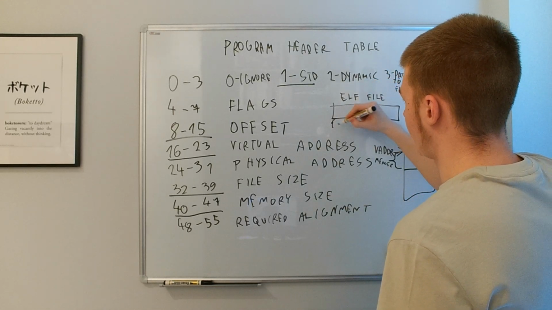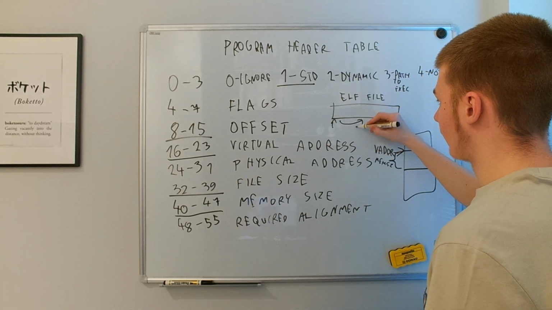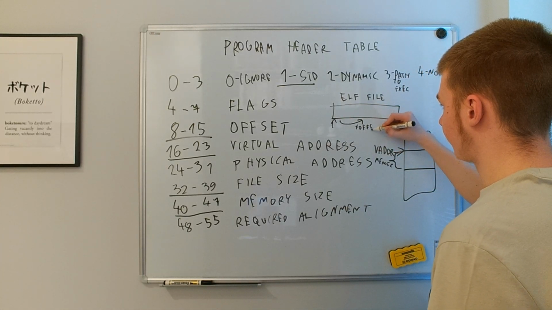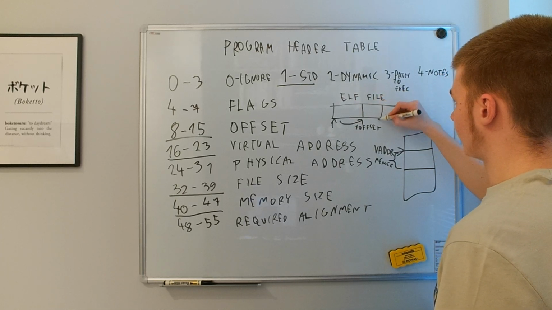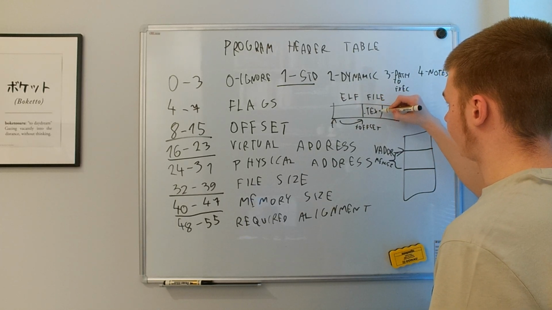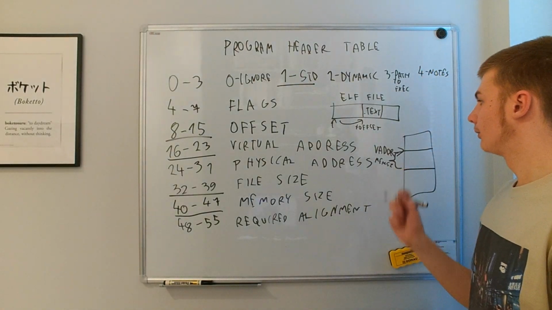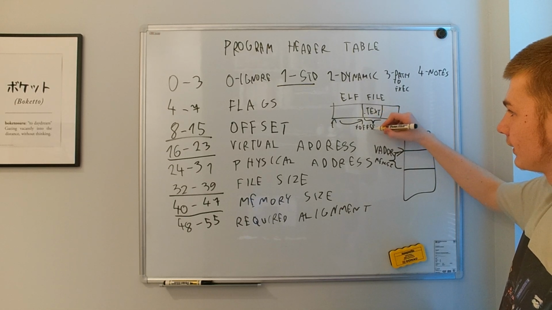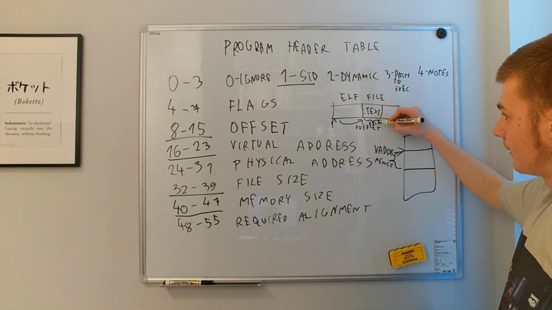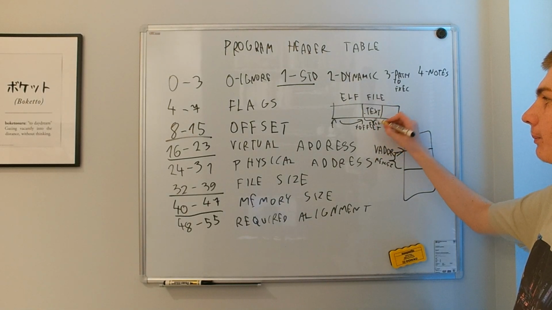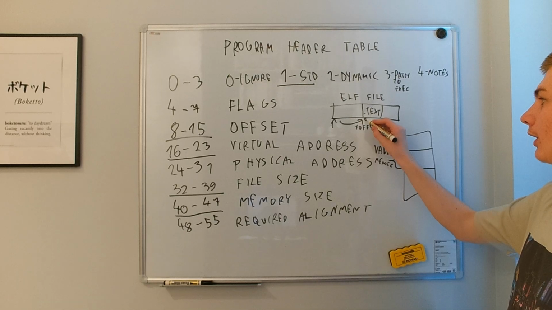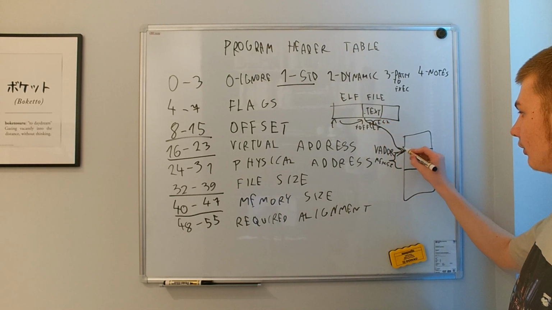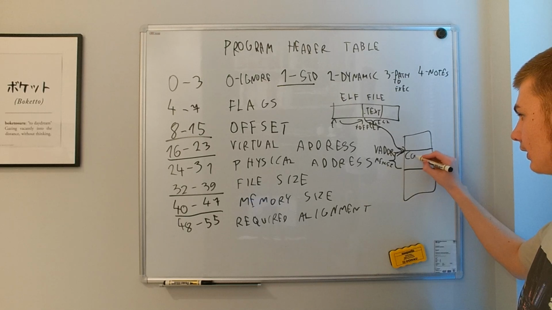It starts somewhere. You add the offset. You have your section. And what you do is this has, right, file size. And this is how many bytes, starting from this offset, you should load into the virtual address specified here.